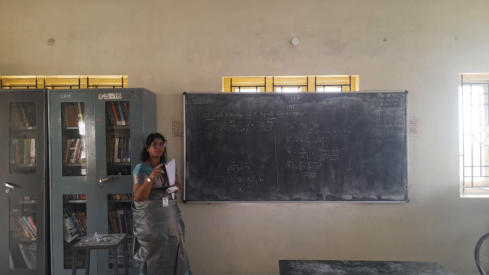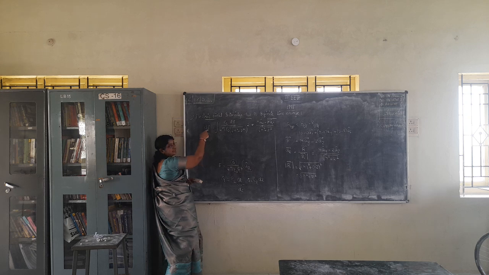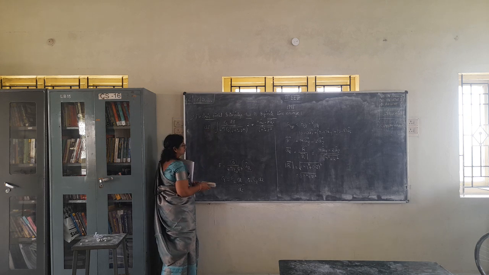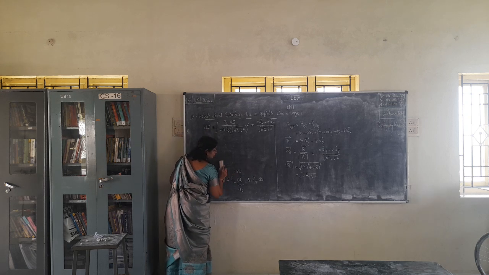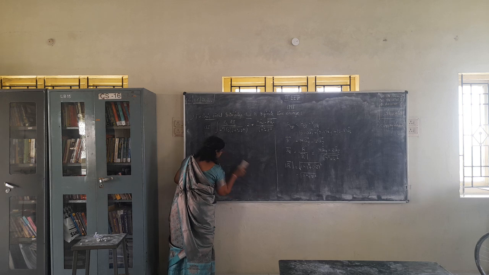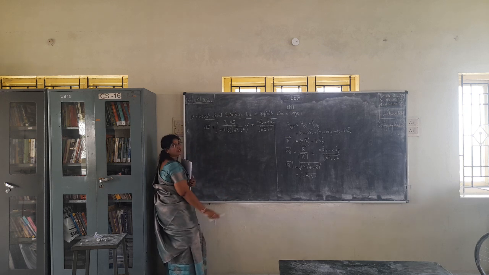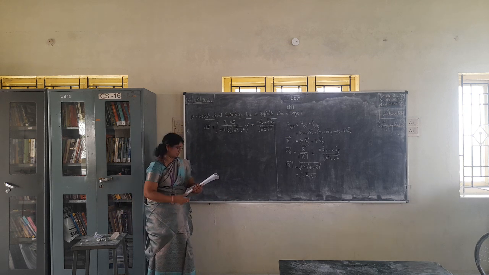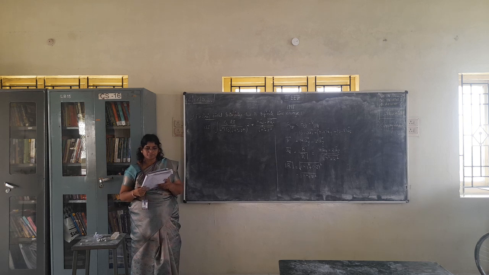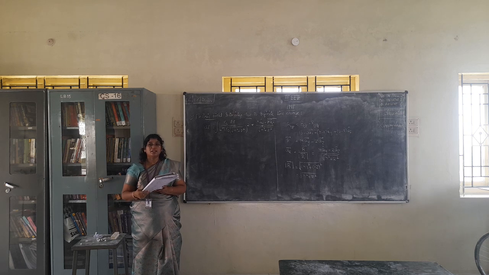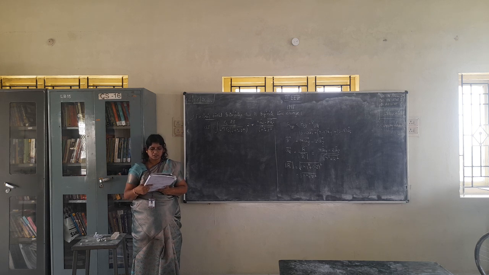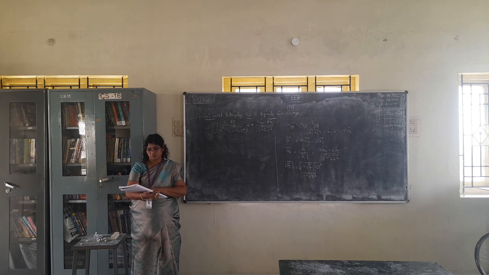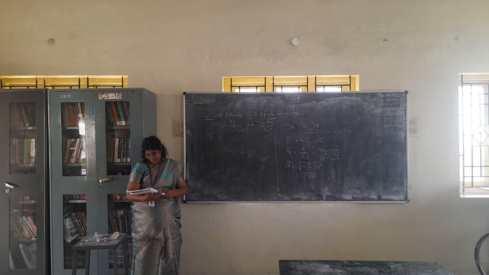So I am replacing E as dE. Here, z into az vector is 0.